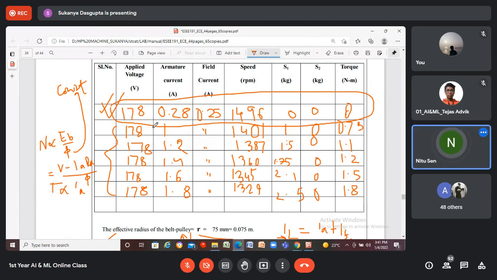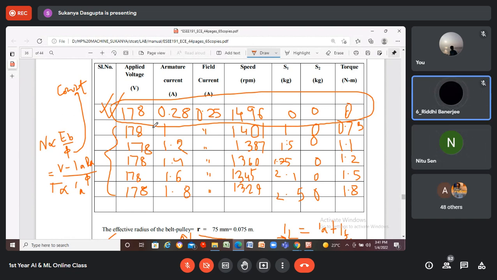Roll number 3 is Farhan Ahmed. Ma'am, present. You skipped roll 1. Roll 1, Tejas Advik. Yes, ma'am. Okay. 4. Present, ma'am. 5. Present, ma'am. 6.